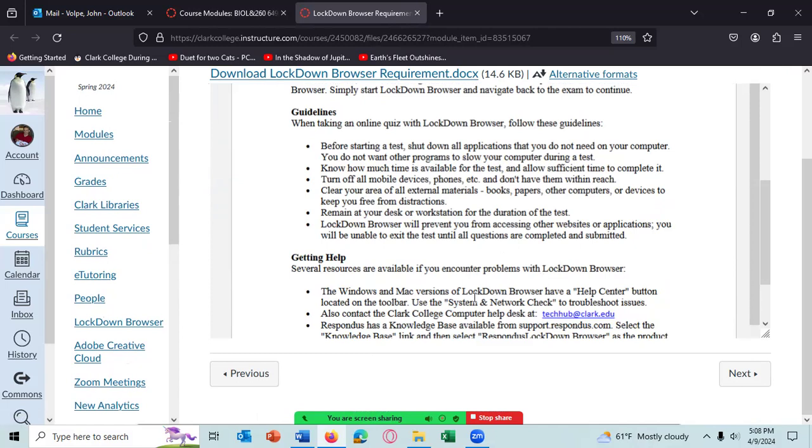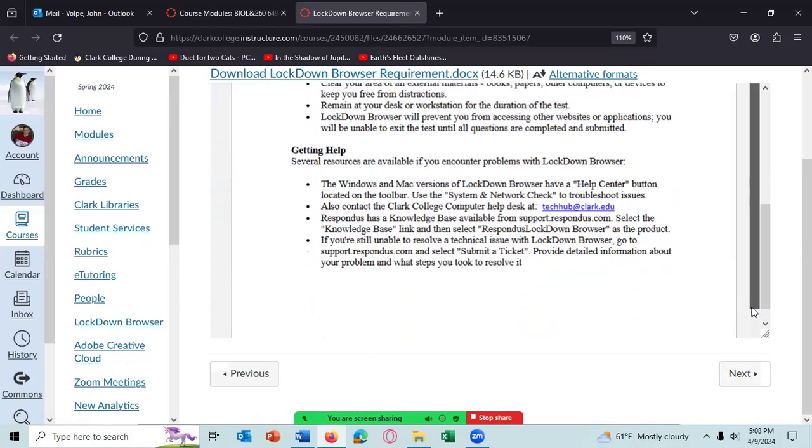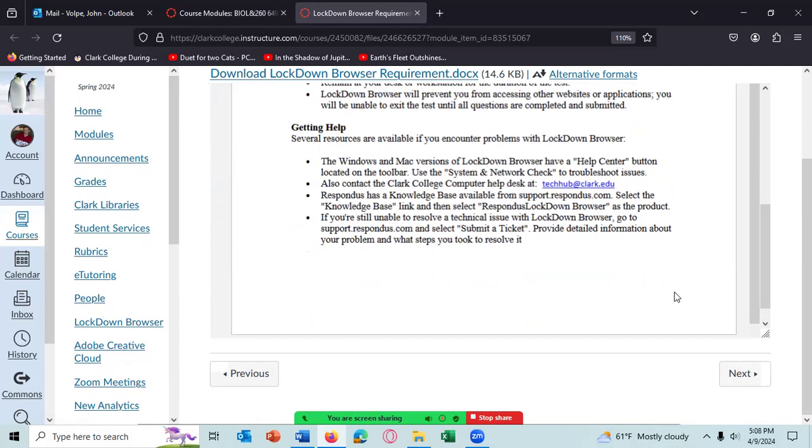Like I said, call the computer help center, the tech hub, and get help from them. Generally, I think it'll just be one setting that needs to be changed on your computer, and somebody has changed your computer so that the lockdown browser would not work. Generally, the lockdown browser works on most people's computers.